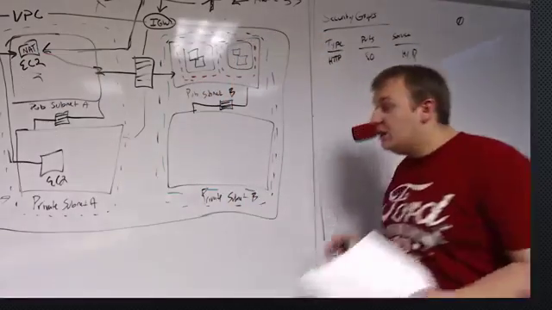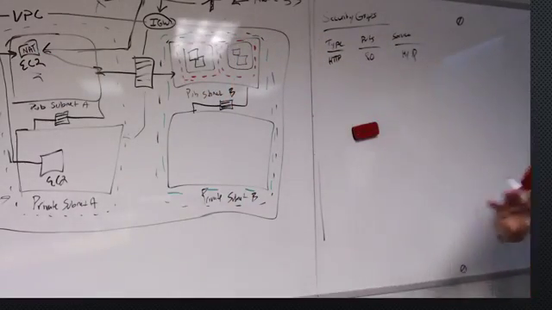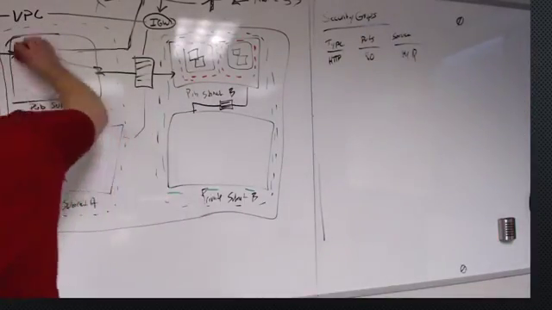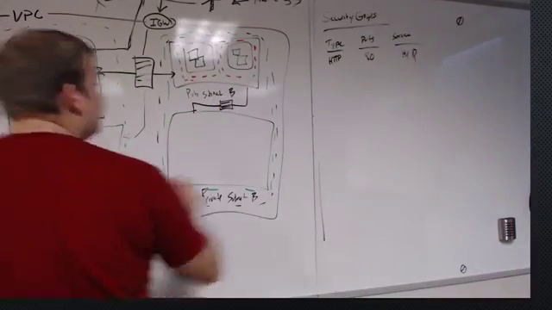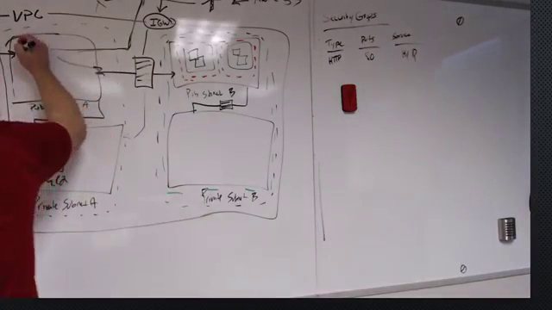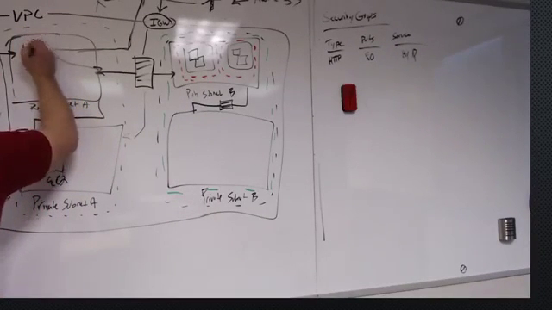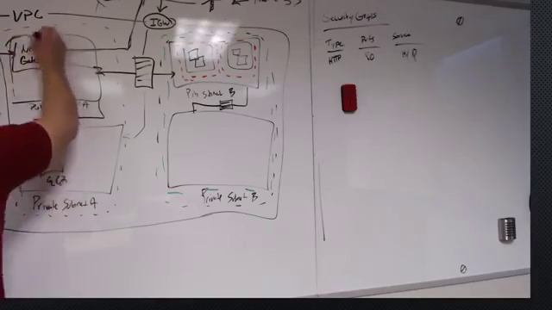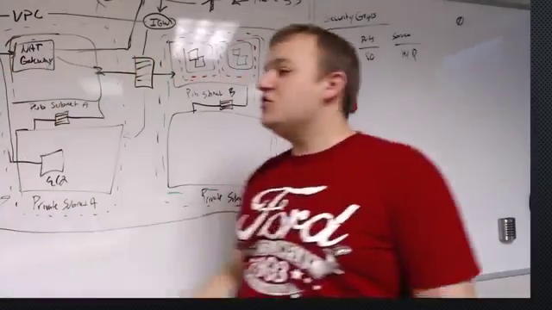Okay. Now, NATs, you have to manage them yourselves, kind of a pain. Amazon recognized this and said, let's make a managed service for that. Let's make a NAT gateway. So this is a managed version of a NAT.